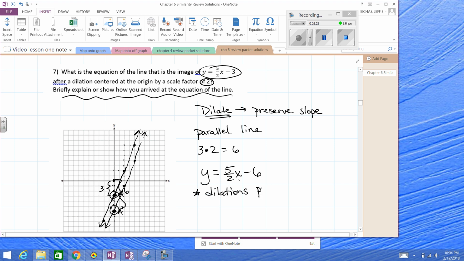Dilations preserve slope. So my line has a slope of 5/2, same as the original.